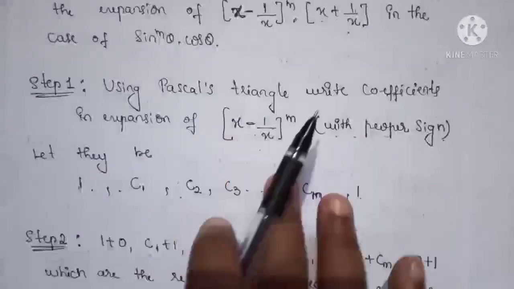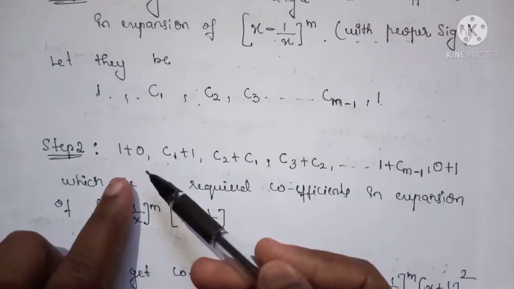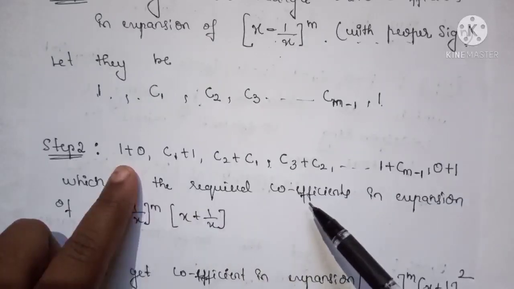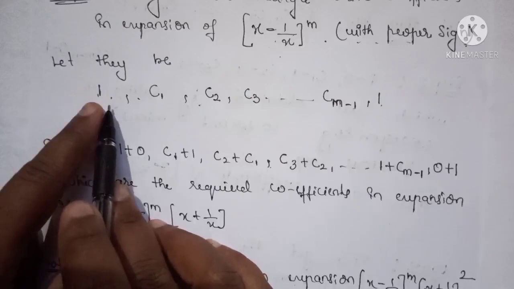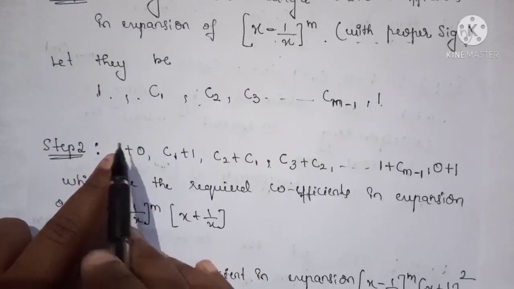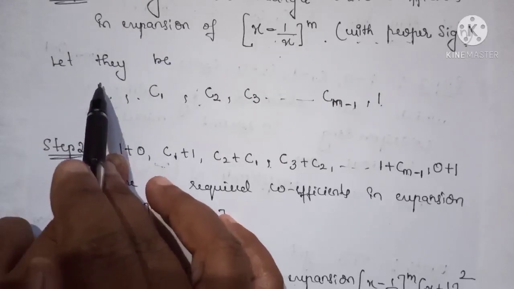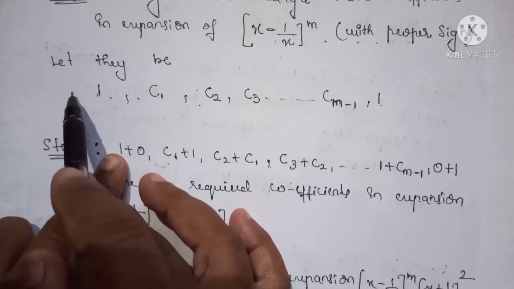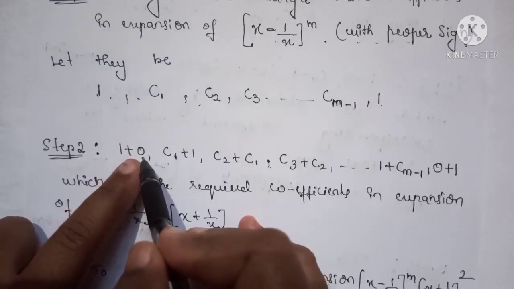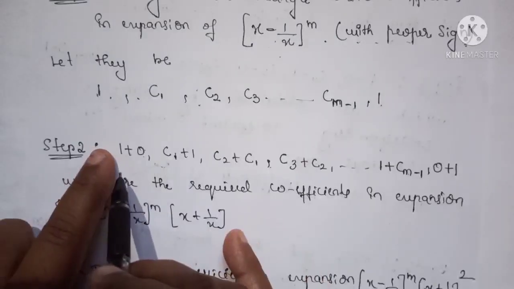Because we have plus here, we add all these corresponding constants with the previous one. Here the corresponding constant is 1, we have to add this constant with the previous one. Here there is no previous one, therefore we consider it as 0. 1 plus 0 equals 1.